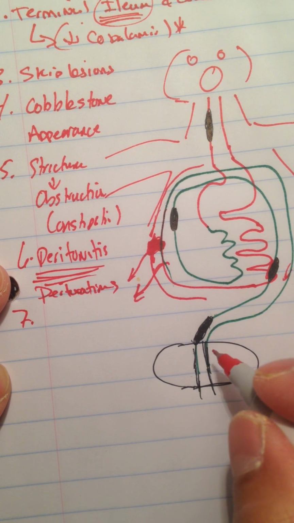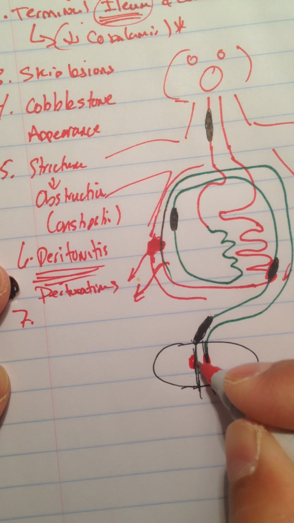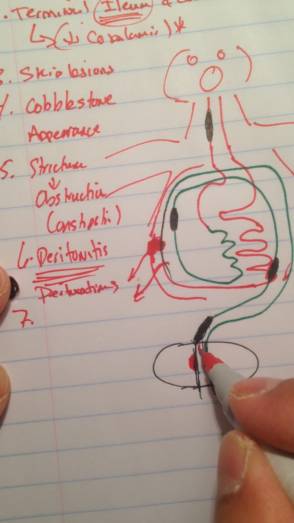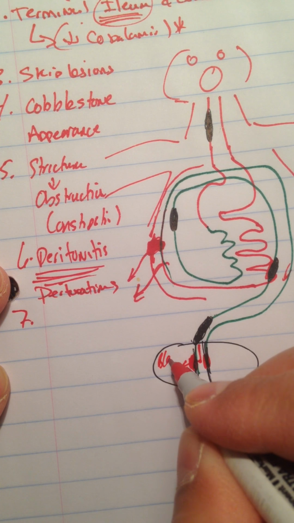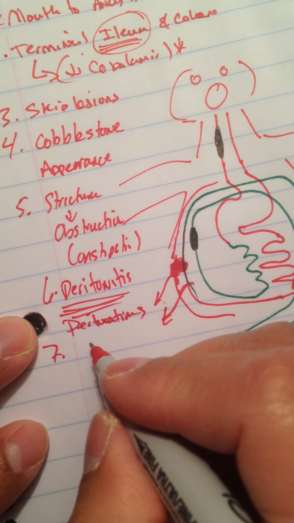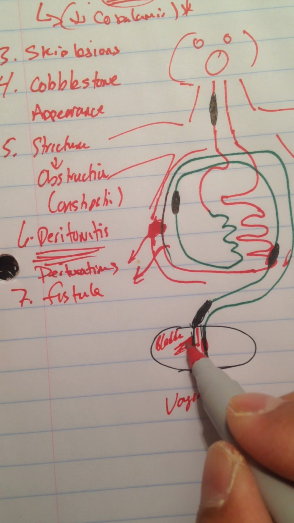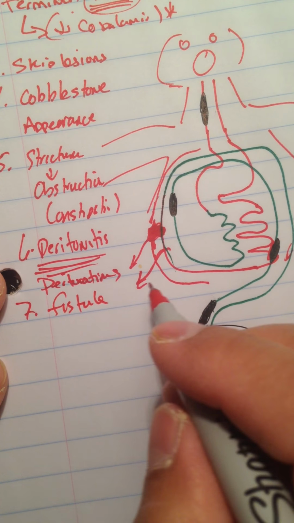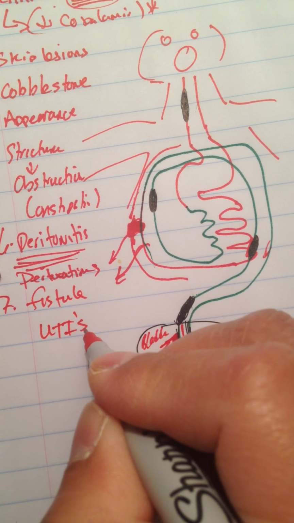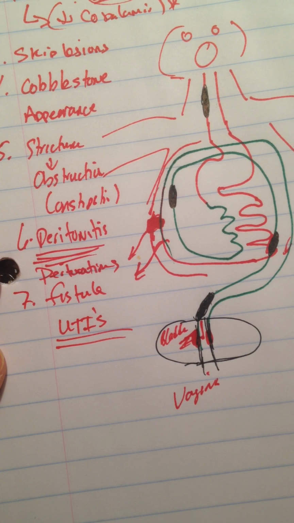Well, if the perforations occur in the area, for example, where the intestine and bladder sit next to each other, there could be a perforation that leads fecal material into the bladder or into the vagina. So you can actually have some fistula formation. Okay, so this would lead into the bladder or into the vagina, and with these patients, especially female patients, they'll run into a lot of UTIs. So you may see some fecal material in the urine, extremely foul-smelling urine.